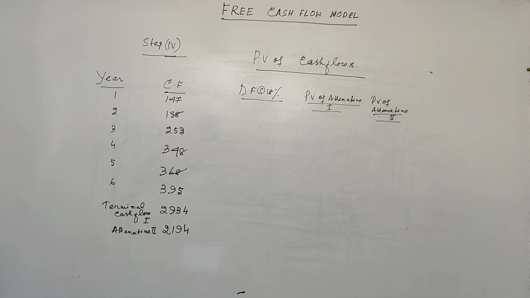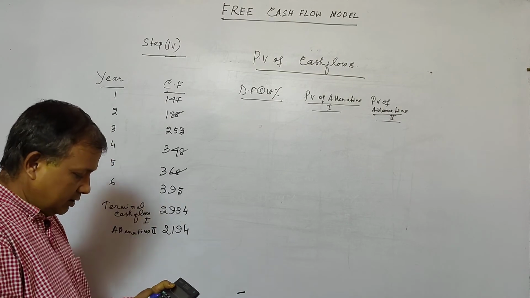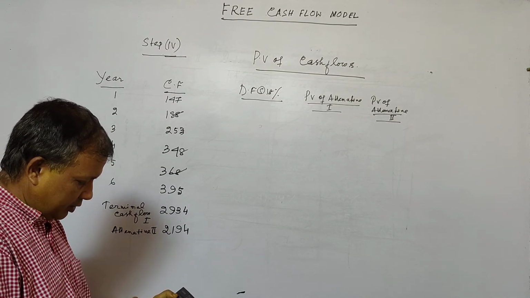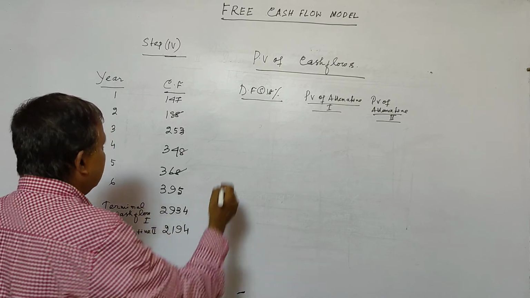So now we shall find out the discount factor. 1 divided by 1.18. You can do it with a calculator.